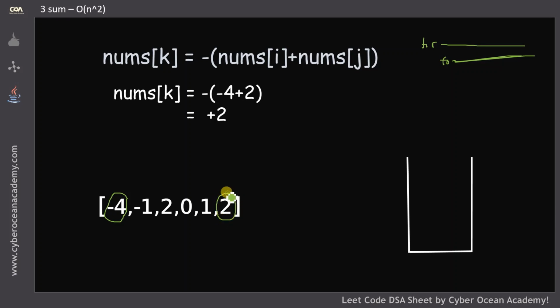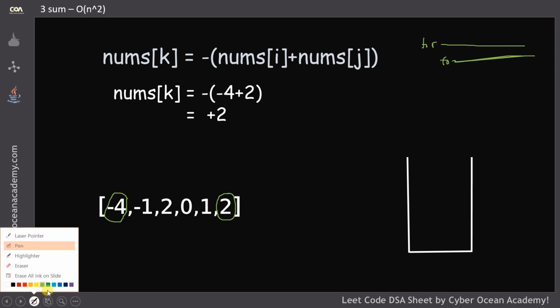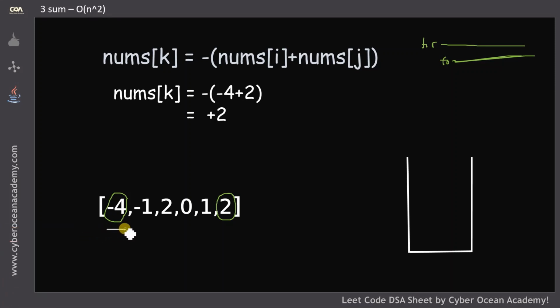We already occupied two numbers: the first number is -4 and the second number is 2. So what will be the third number? Any value between -4 and 2 will be our third number. We don't know that number right now, but that will be our nums of k.